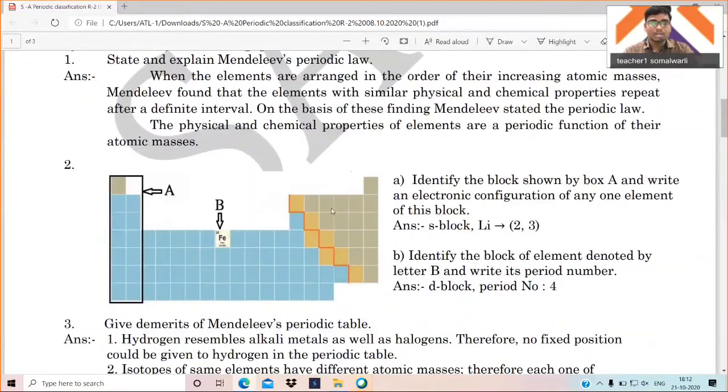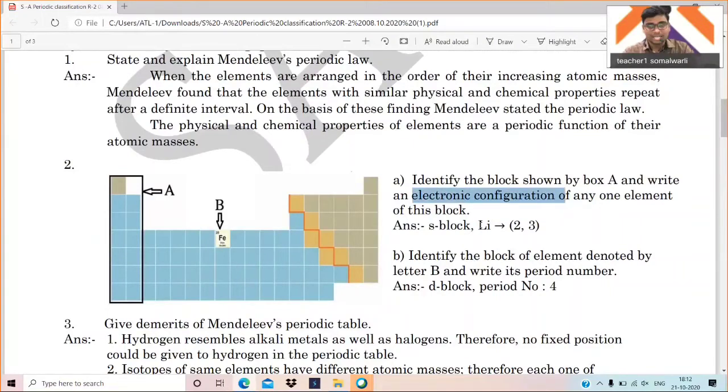So, importantly, this is the periodic table. You can take beryllium, yes, any element. And you have to give the electronic configuration of any one element.